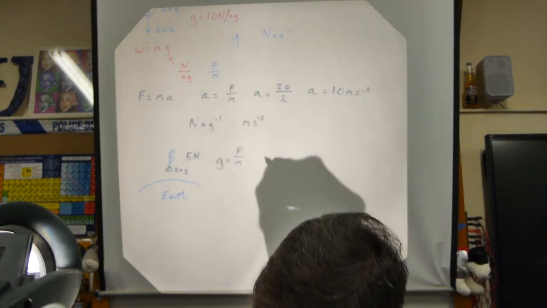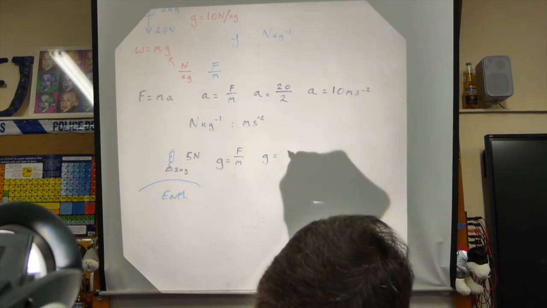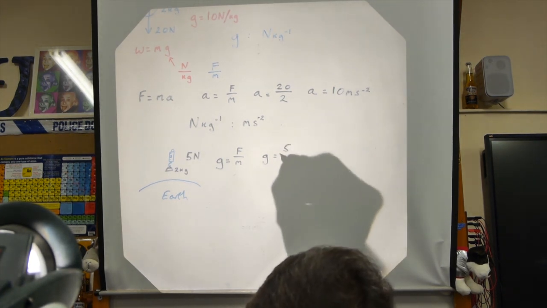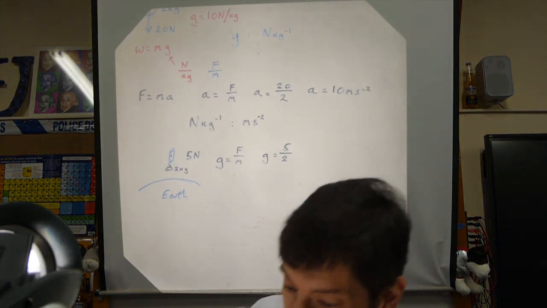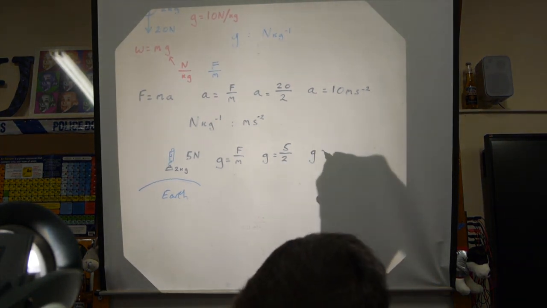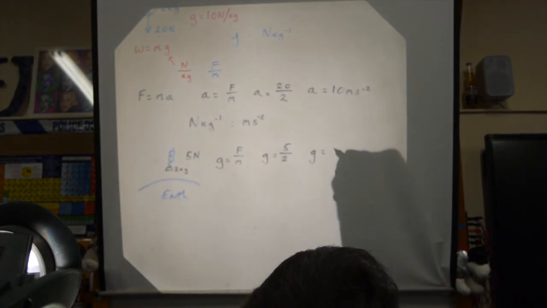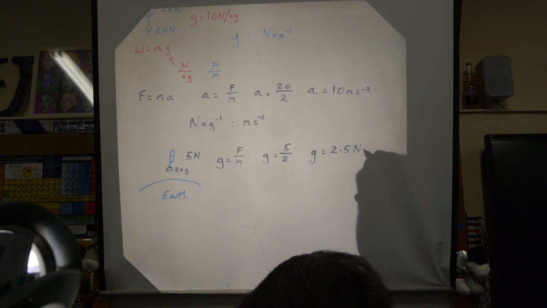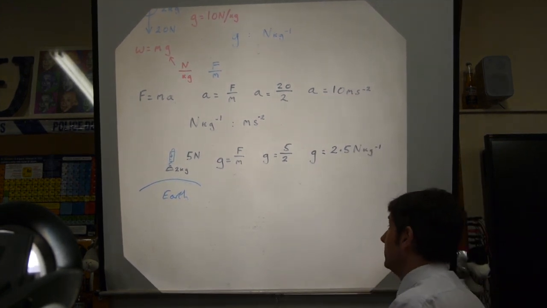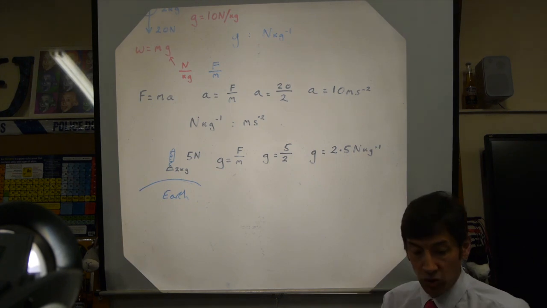And therefore, g is the force, 5 newtons, per unit mass, so we've got to divide by the total mass, by 2. So the gravitational field strength at that point will be 2.5 newtons per kilogram. Okay, now, easy stuff, sure.